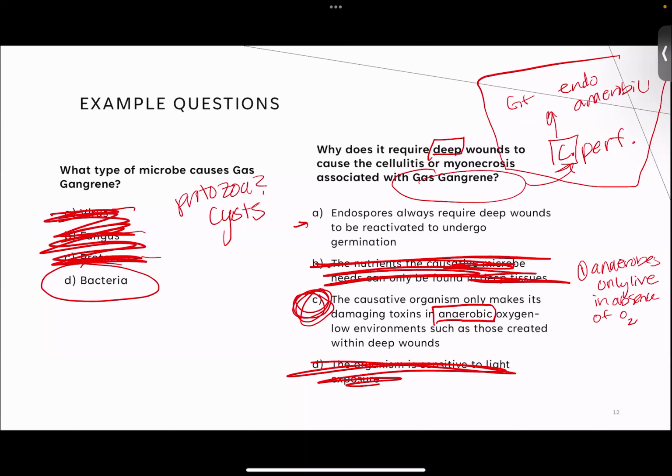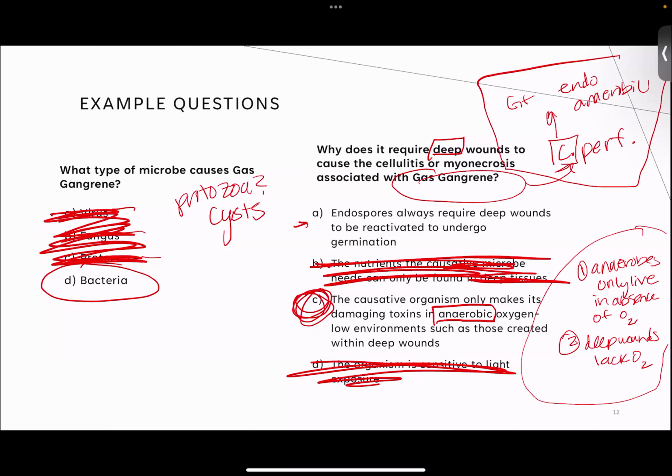Also, number two, deep wounds lack oxygen. Oxygen also helps protect you from infection from these guys. But if it's a deep wound, we can't get the oxygen there and we can't provide that protection. So there's that, right? So we've got this information.